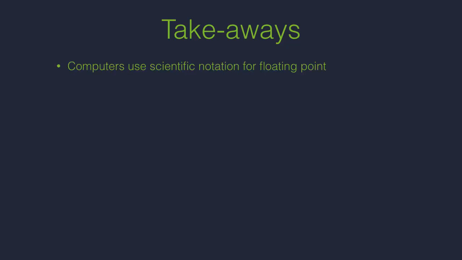So let's do some takeaways. Computers use scientific notation for floating point. The size of the machine that you're working on, or the size of the machine that is hosting the website, determines the precision.